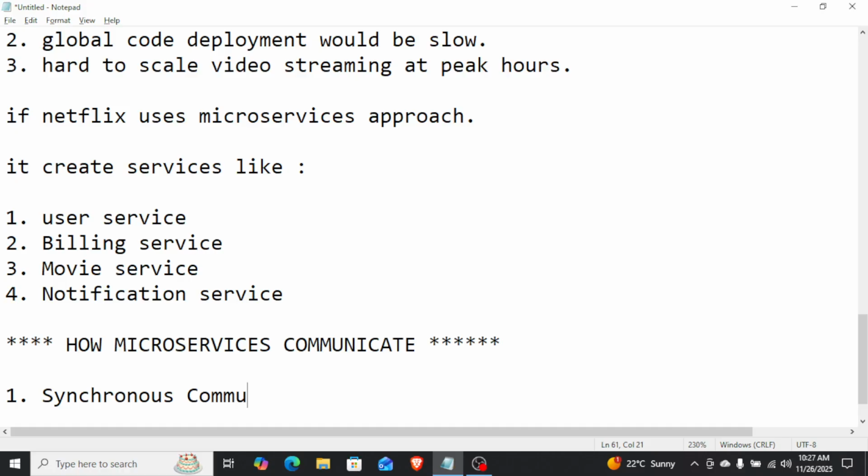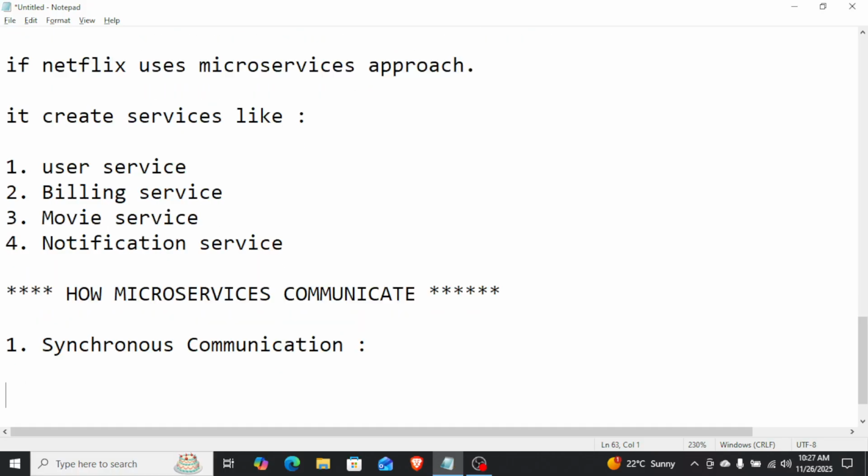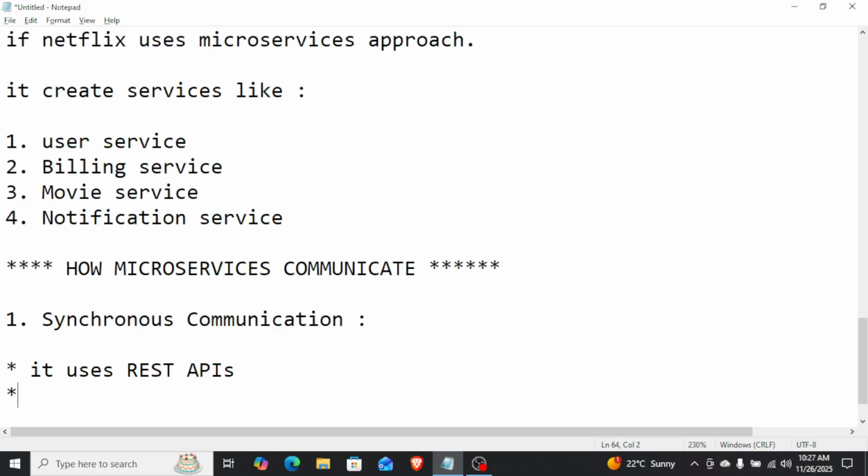It uses REST APIs and direct service to service calls.